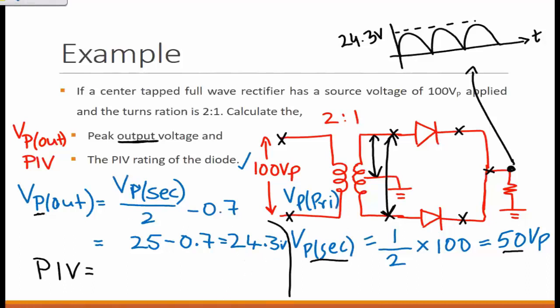So remember that the formula for PIV is 2 times V peak out plus 0.7. So that's the formula for the PIV rating.